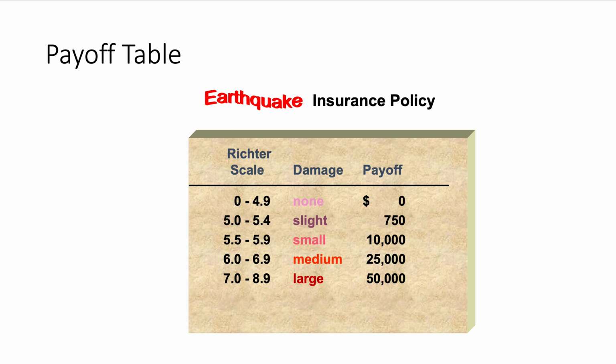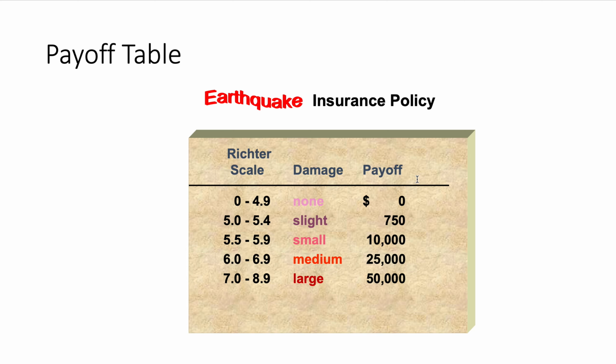Now this is the payoff table. A payoff table will show you what is the underlying variable and what is the payoff. Here we have Richter scale, damage to the house, and the payoff. Now among those three variables, which one is the underlying variable?